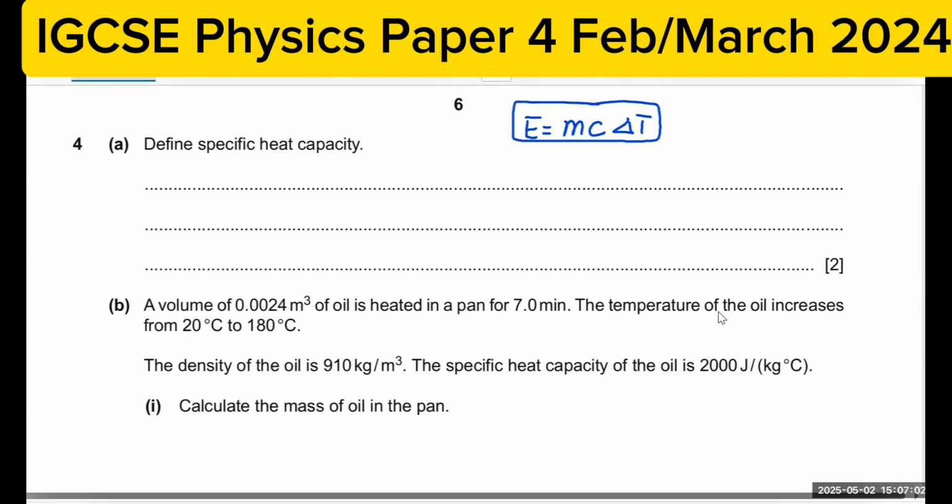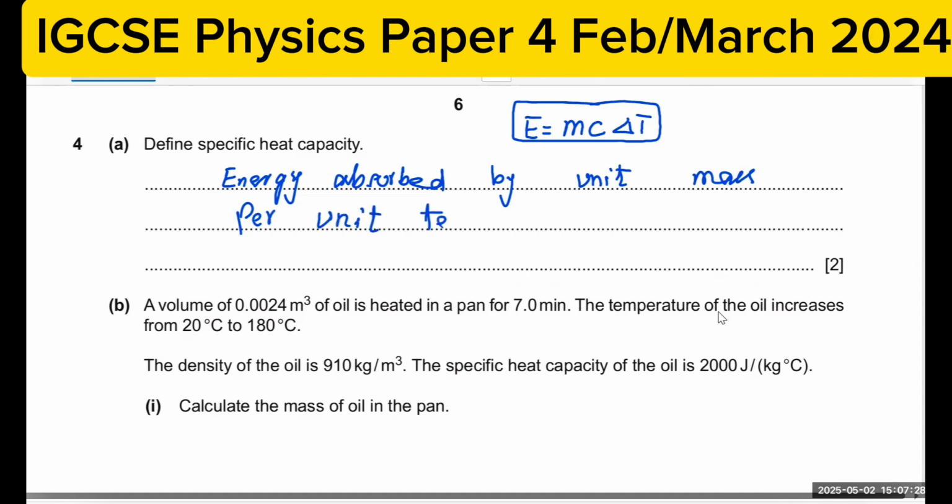So energy absorbed by unit mass per unit temperature change. So this is a complete definition of specific heat capacity.